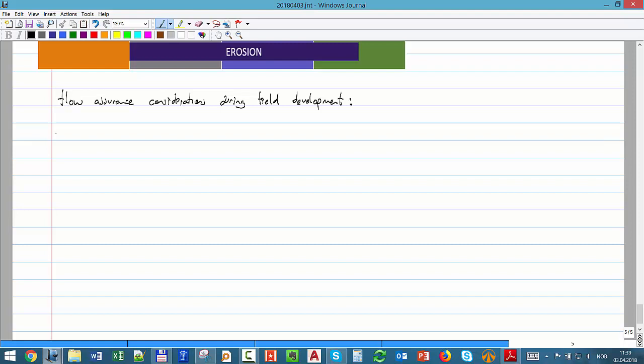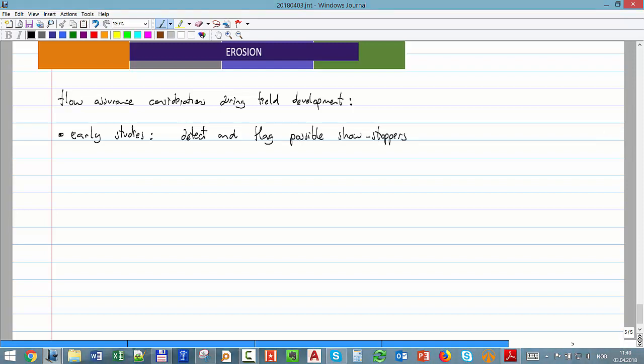Okay, and the first part where they appear is in the early studies. That's exactly before, when you're still evaluating all the field development options that I have. And the main intention there is to detect and flag possible showstoppers.